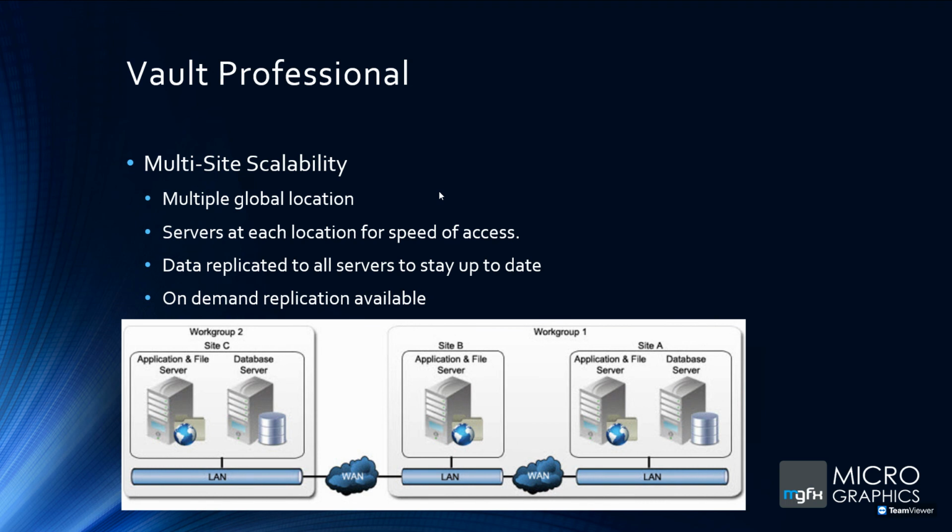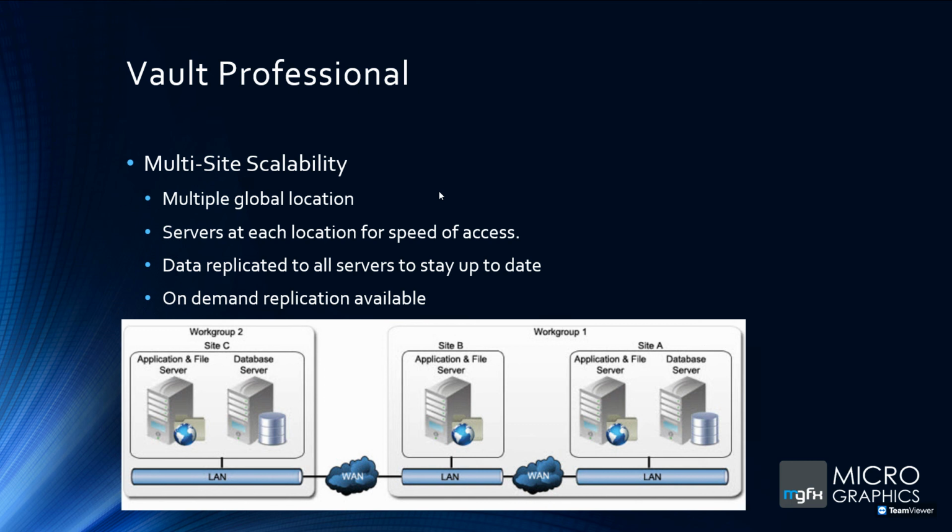One of the biggest things with Vault Pro is also multi-site scalability. So if you have multiple global locations or even multiple local locations, you're able to scale your Vault to those locations. In this instance here, we're looking at multiple global locations. Maybe you've got 3 offices in 3 different countries.